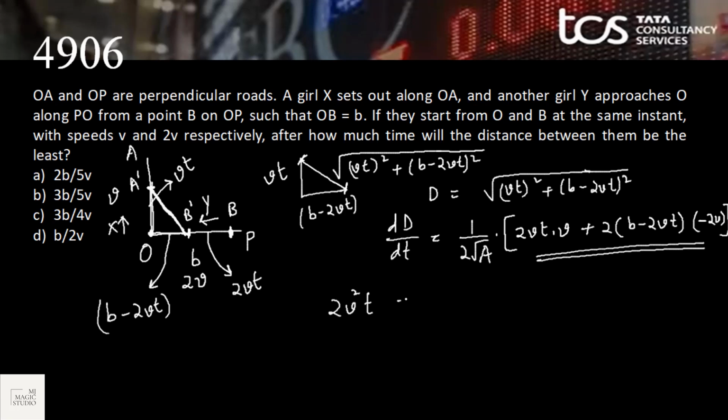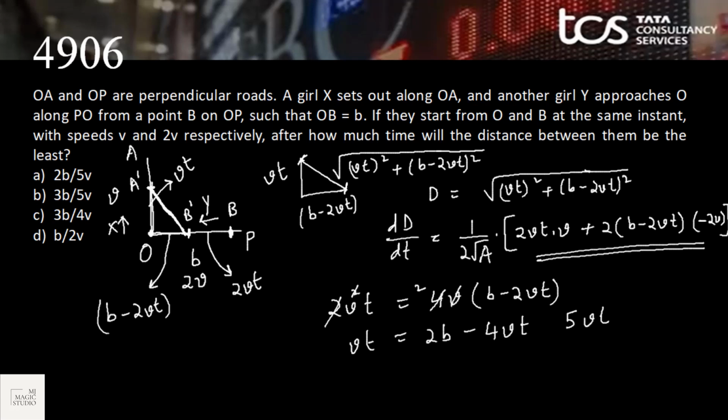2v squared t is equal to 2 into 2, 4v into B minus 2vt. v gone, 2 gone. So vt equals 2B minus 4vt. It will go here. 5vt is 2B.